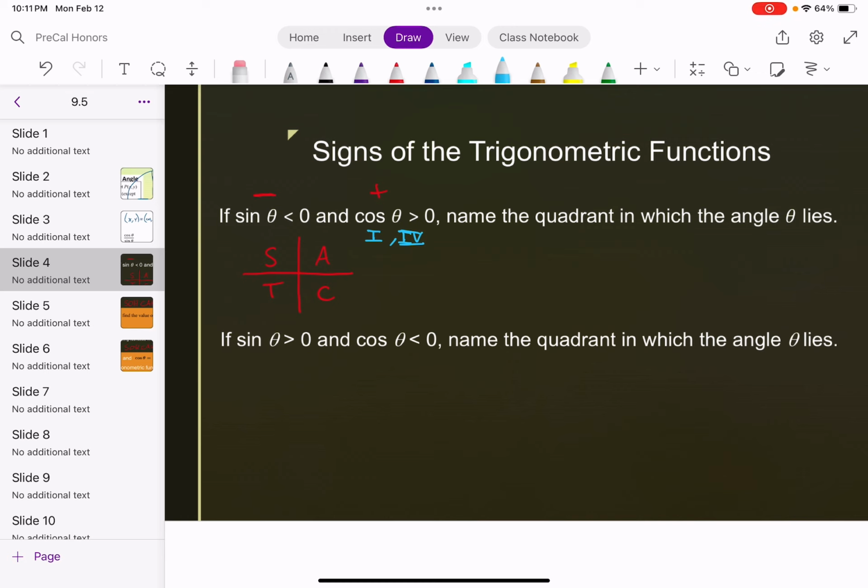Notice in quadrant 1, sine is positive, so it can't be that. In quadrant 2, sine is also positive. The only possibility where we could have sine be negative while also having cosine be positive would have to be in quadrant 4.